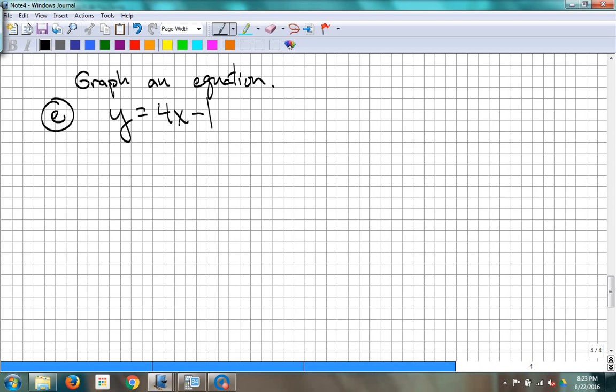Okay? Does anybody know how to graph that already? Or remember how? Y equals 4x minus 1. By graph that, I mean put it on a coordinate plane. Good. That means I get to teach you how. It's easy.